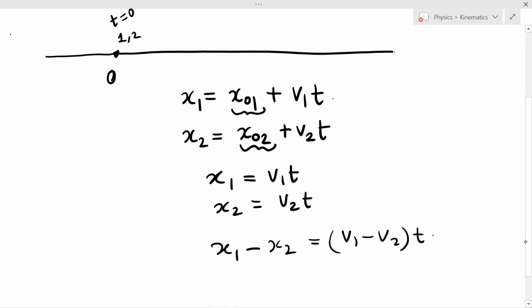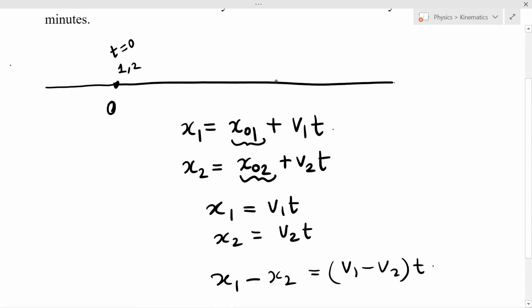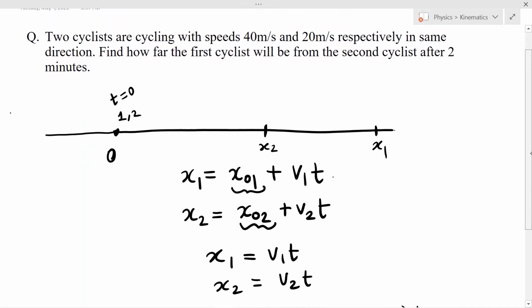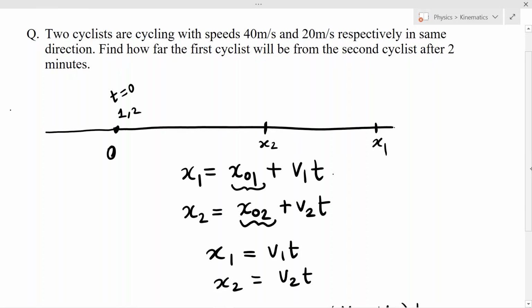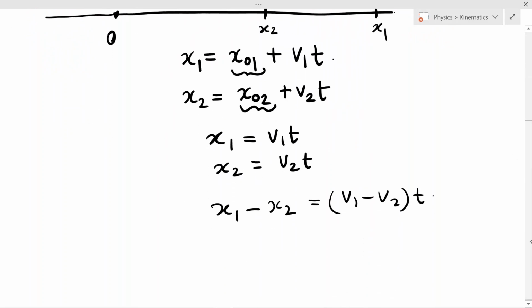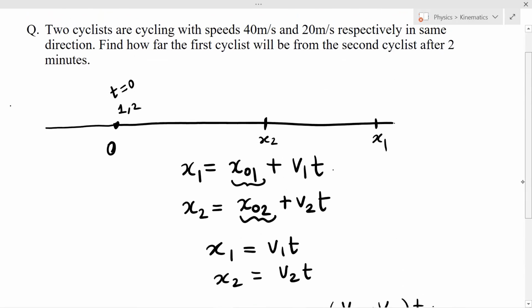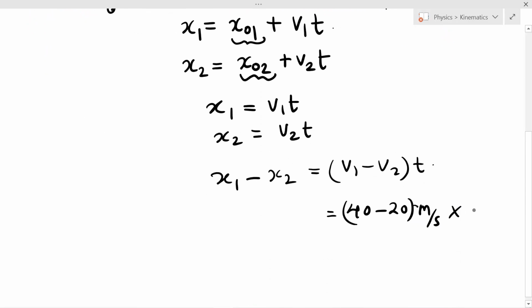Now you got the understanding that let's say x2 is here and x1 will be somewhere here, because the velocity is greater for the first one. So x1 minus x2 is v1 minus v2. v1 minus v2 is 40 meter per second minus 20 meter per second times 2 minutes. So this will be 2 into 60, because 1 minute is 60 seconds.